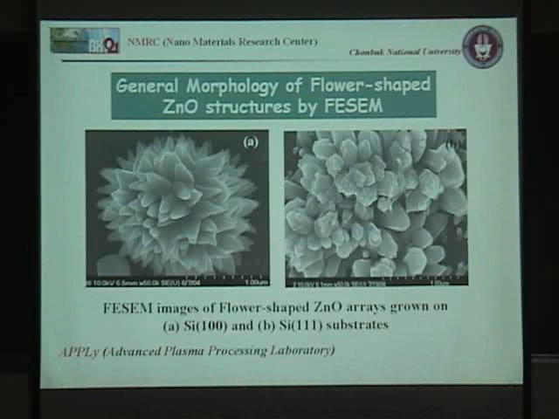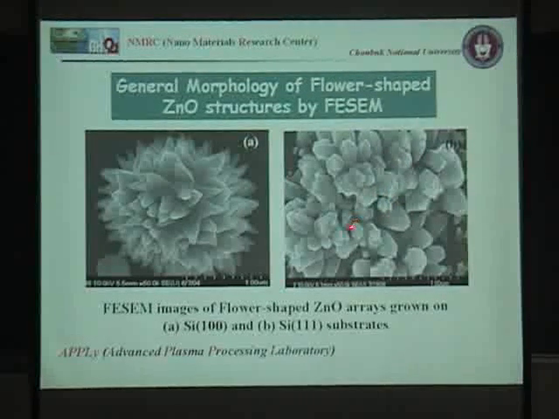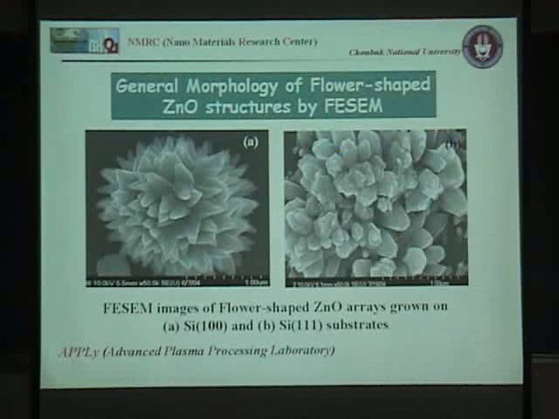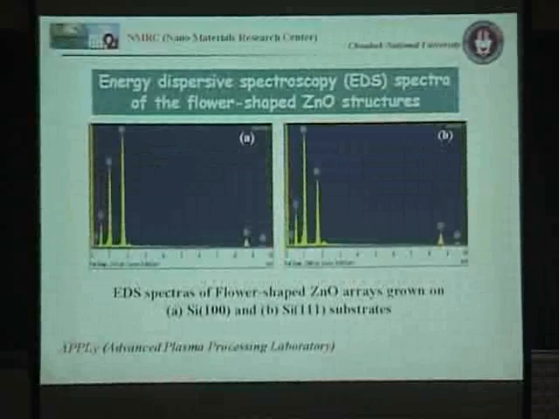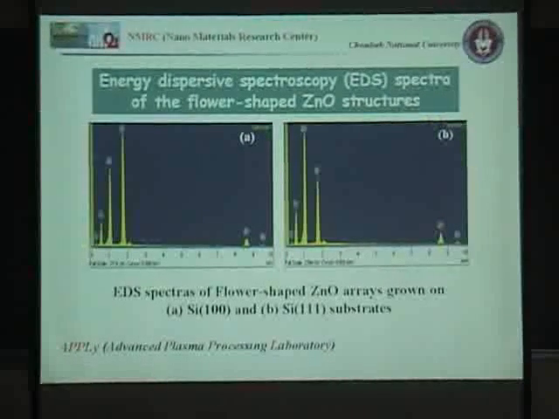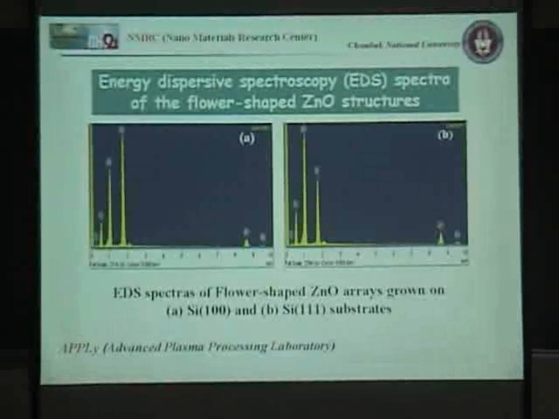In the case of the silicon 111 substrate, we can see that these structures also have leaf-like structures, but they are somewhat sharper at their tips. They show the characteristic of zinc oxide hexagonal structures. To know the composition of these deposited materials, we use energy dispersive spectroscopy.